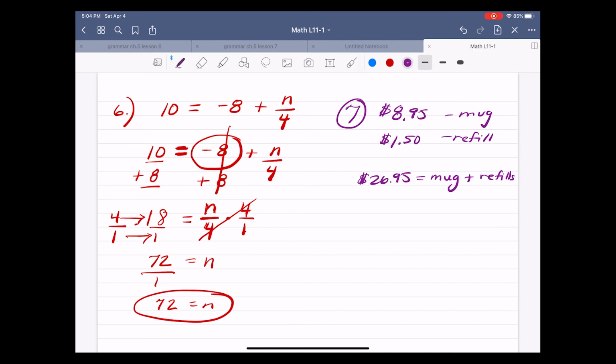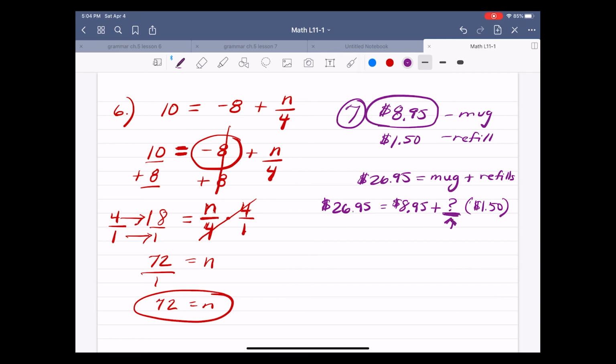So let's look at this. We know she spent $26.95, and we know the mug costs $8.95. The question is, we wonder how many refills she bought at $1.50. The number of refills is our variable that we've got to figure out.